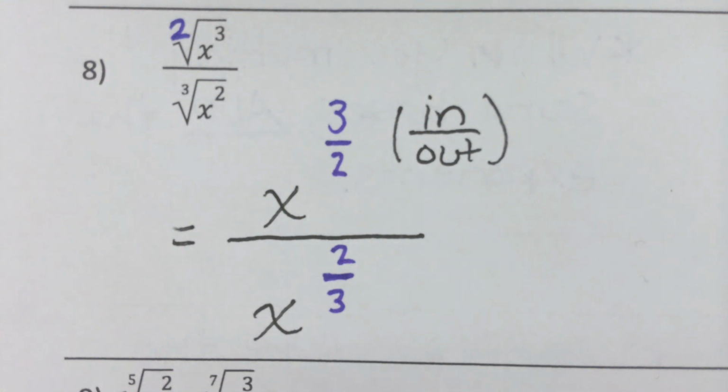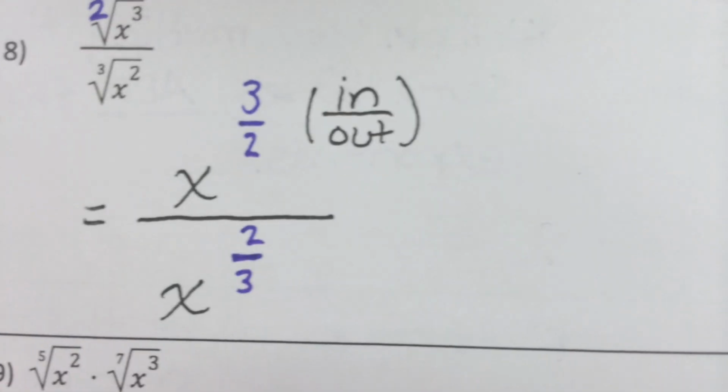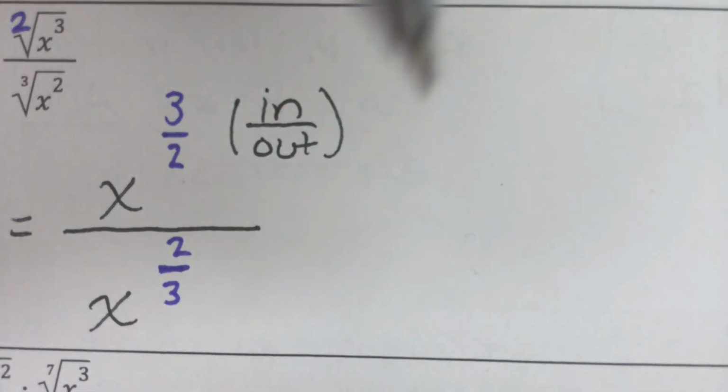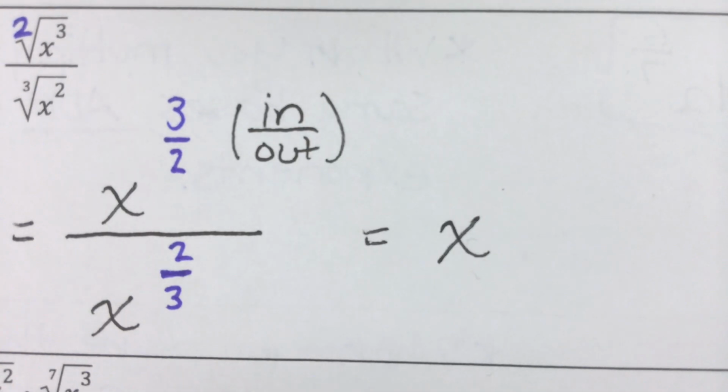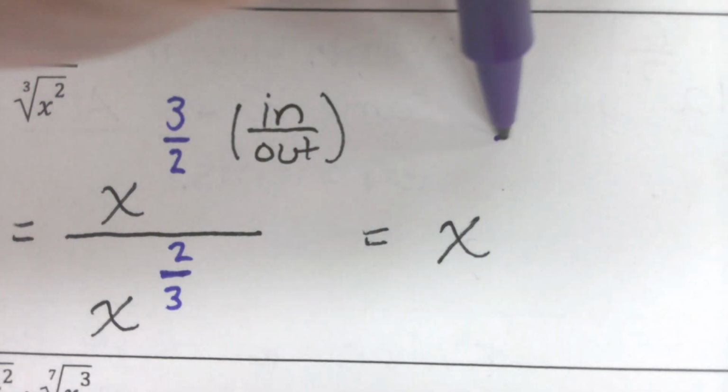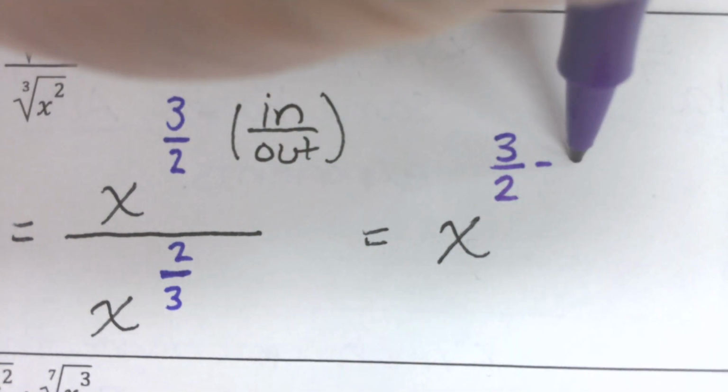When it looks like this, now we know how to do this. Again, we've been doing it. We can do it with our calculator. We're dividing, so we'll subtract those numbers. 3/2 minus 2/3.